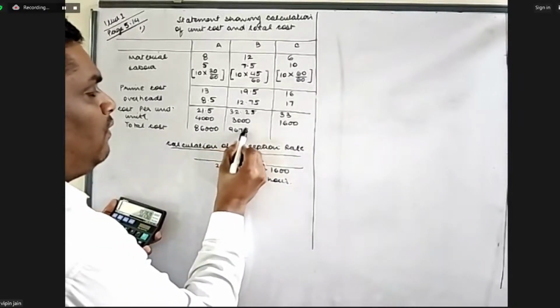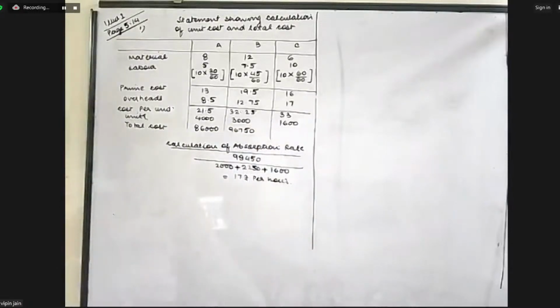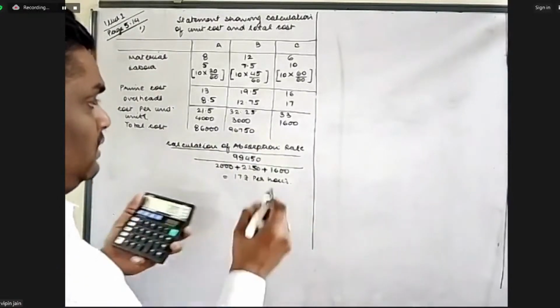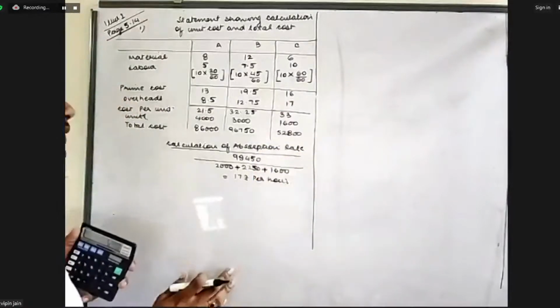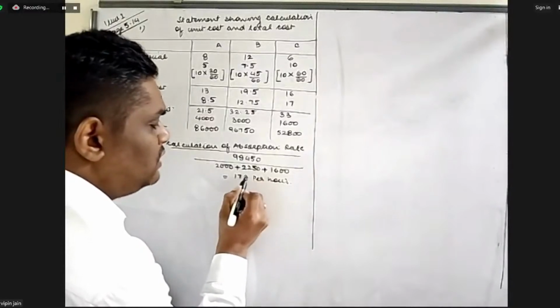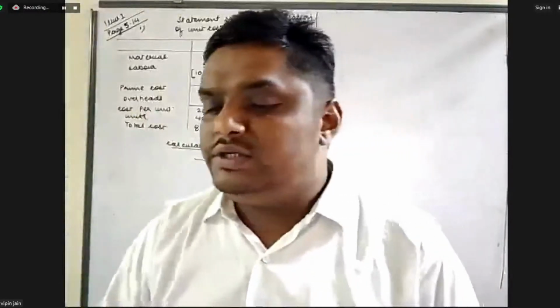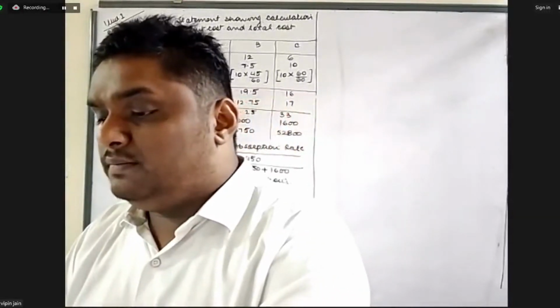Then 96,750, and 52,800. So this is how the total cost and the per unit cost will be calculated using the traditional approach of costing or absorption costing.